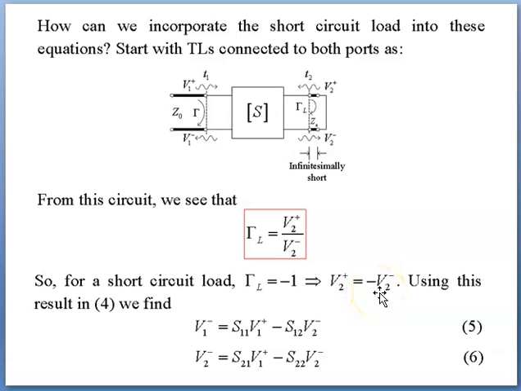Now we are going to insert this equation into the previous equation from before. So you will have V1 minus is equal to S11 V1 plus plus S12 V2 plus, and V2 minus is equal to S21 V1 plus plus S22 V2 plus. Plug in V2 plus is equal to minus V2 minus, then you will have minus S22 V2 minus.